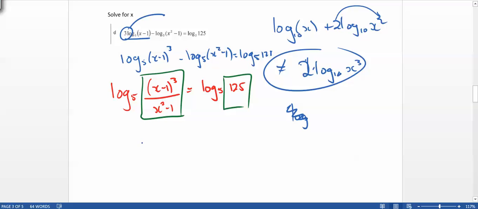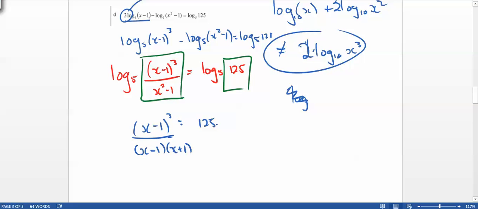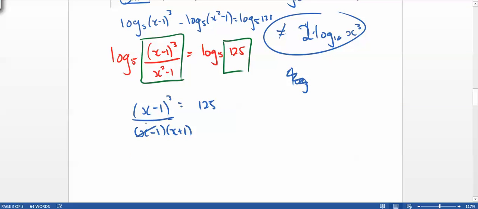So I'm going to say that (x minus 1) all cubed over (x squared minus 1) is equal to 125. We can actually factor x squared minus 1 as (x minus 1)(x plus 1), which is at least going to cancel out something. This is going to cancel out, and we're going to have (x minus 1) squared on top over (x plus 1) equals 125.